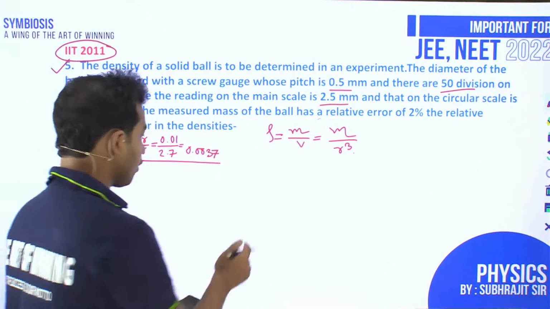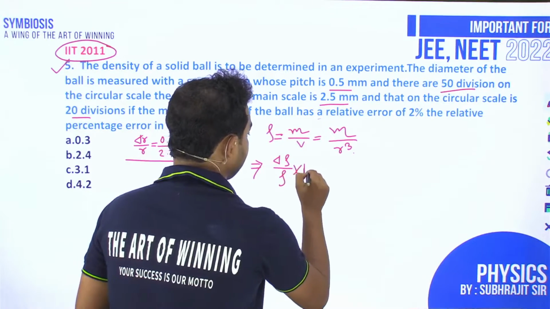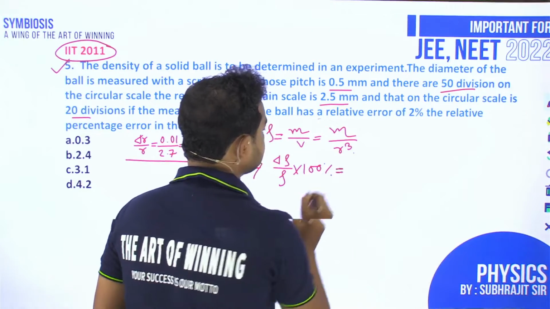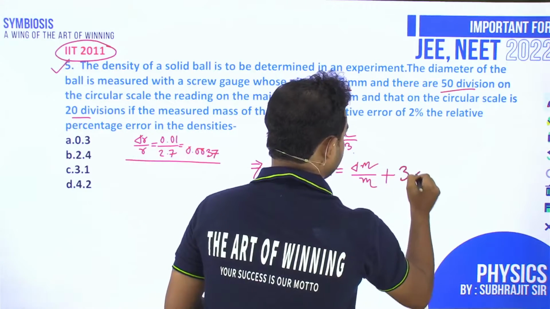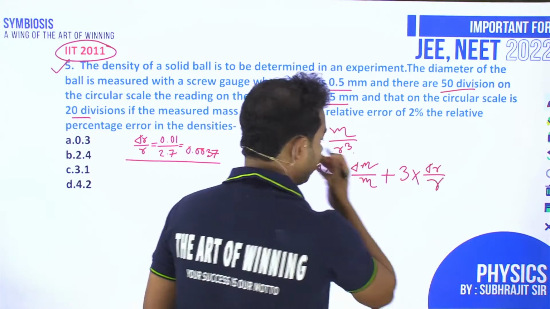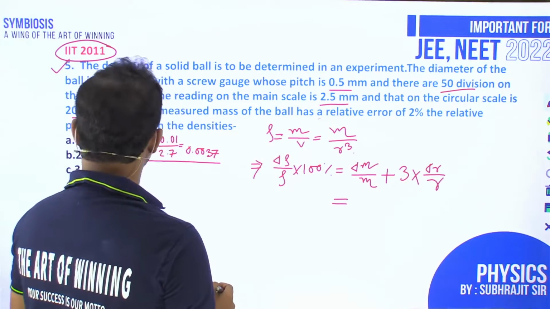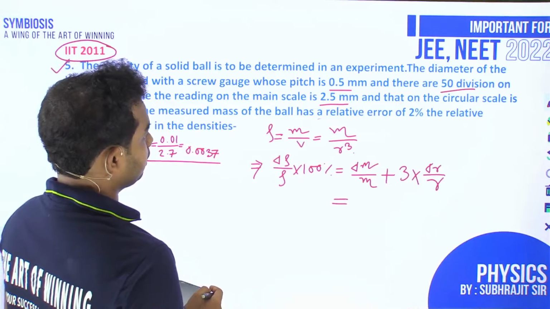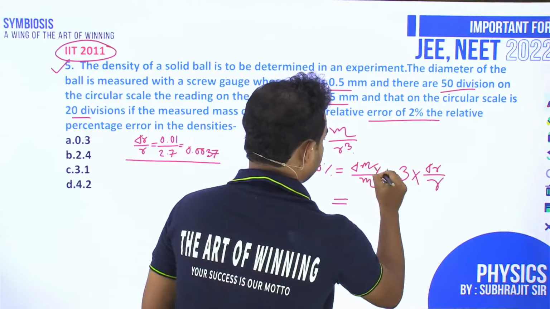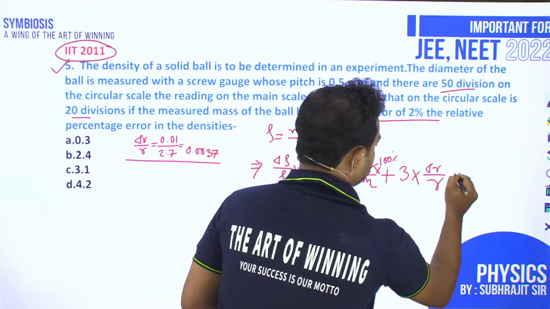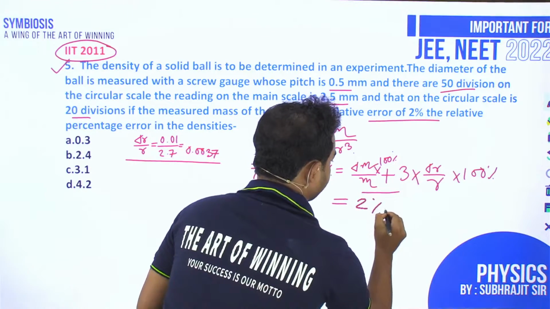So from here we can write del rho divided by rho into 100%, that is equal to del m by m plus 3 into del r divided by r. Del m by m is given, that is 2%.